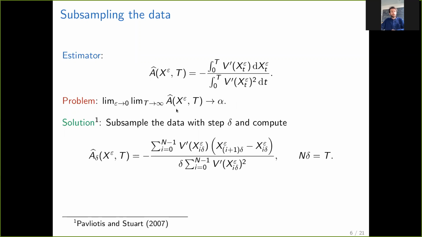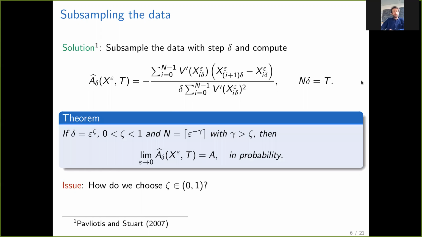Therefore, the theoretical result for subsampling is a result of unbiasedness. If the subsampling rate is given by epsilon to the exponent zeta, where zeta lies between 0 and 1, and if the final time capital N, so that capital N delta is equal to T, grows inversely proportional to the scale separation parameter, then in probability, in the limit for epsilon to 0, the estimator tends to the effective drift coefficient.